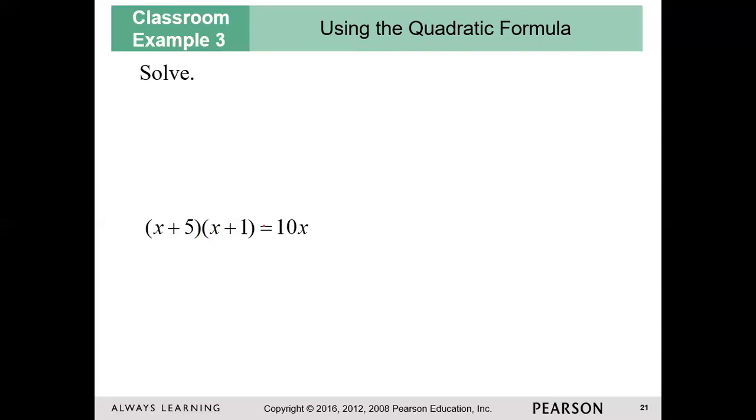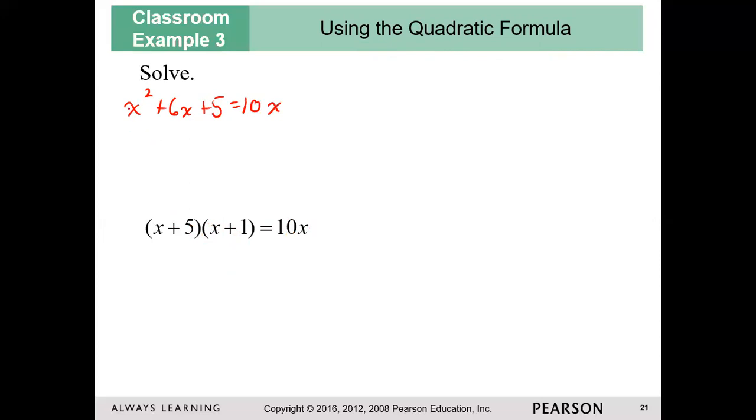So let's FOIL this out first, and then we'll bring this 10x to the other side, because we need this to be equal to 0 in order to use the quadratic formula. So when we FOIL it, we get x squared plus 6x plus 5 is equal to 10x.